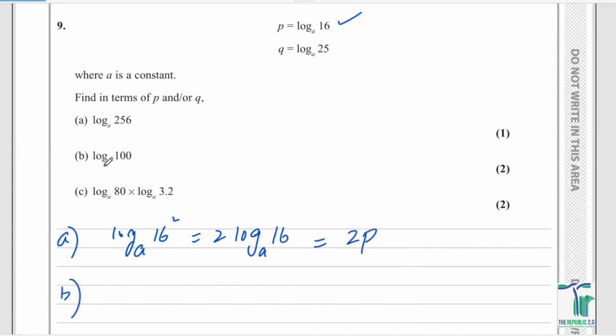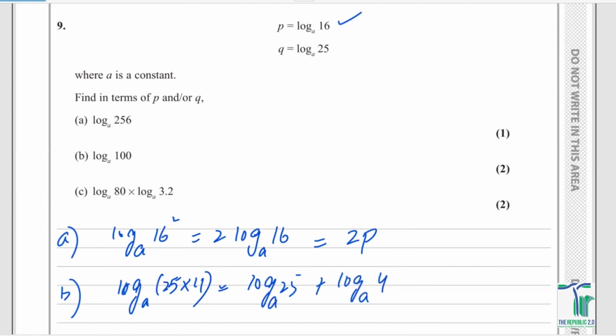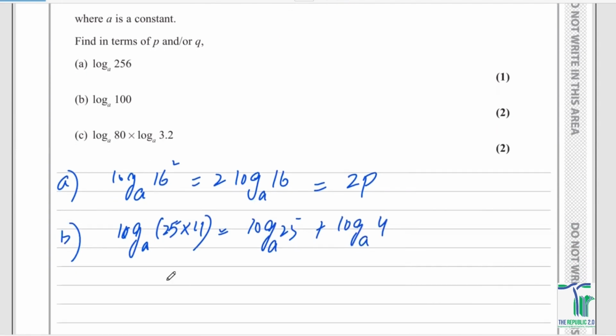For the B part, you've got log base a of 100. How can you write log base a of 100 as a multiple of something like 16 and 25? So when you're looking at log base a of 100, you can simply write it as 25 times 4, which is going to give you log base a of 25 plus log base a of 4. Log base a of 25 is going to be q, and log base a of 4 can be written as log base a of 16 to the power of 1 by 2.